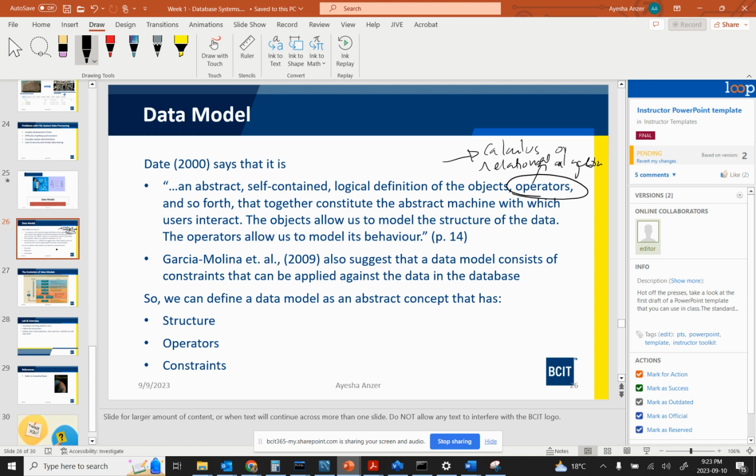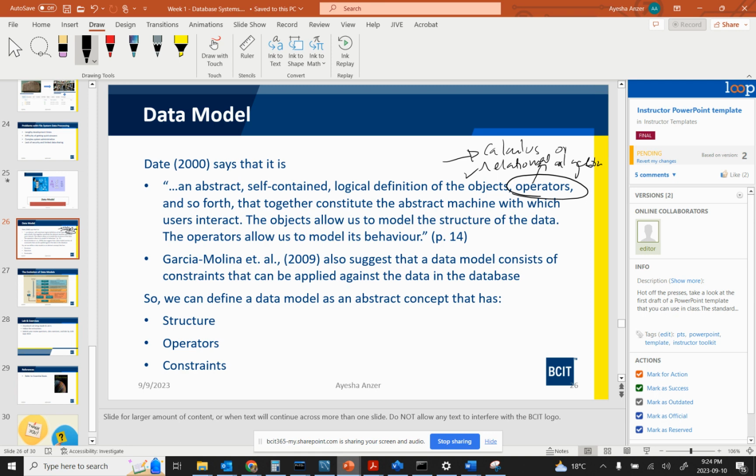We're using either calculus or relational algebra, but in this course we will refer to relational algebra only. Then we are saying that this constitutes the abstract machine which will interact with the users.